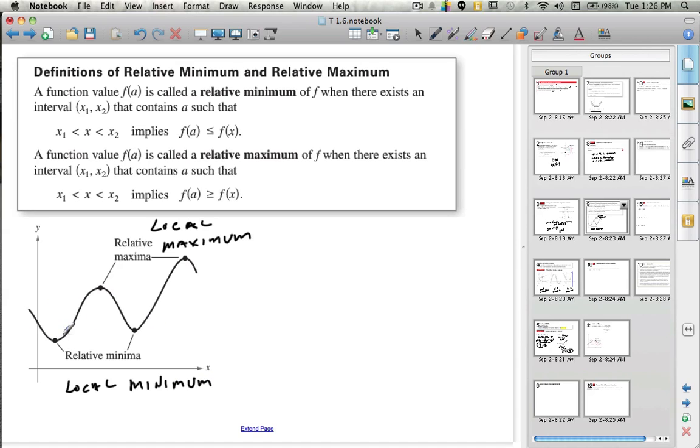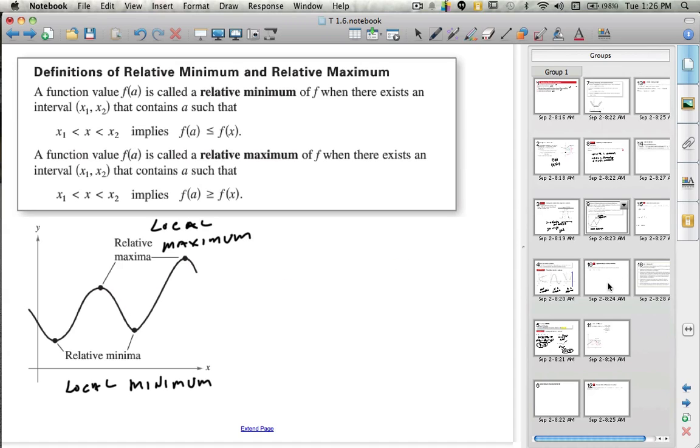It's really the point at which we change from being, in this case, decreasing to increasing. There's this moment where we stop and we get a low point. When we change from increasing to decreasing, we get a high point. And that's what we're looking at for these. Okay? And so we'll approximate these.